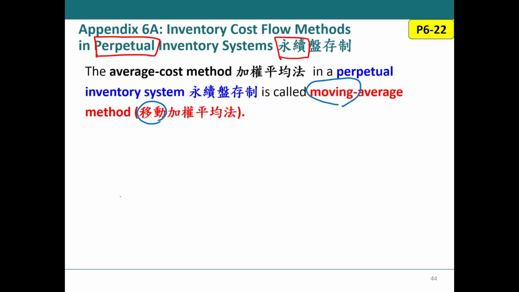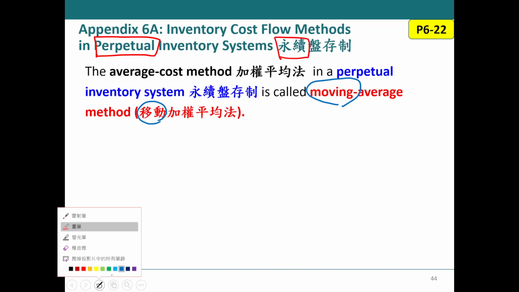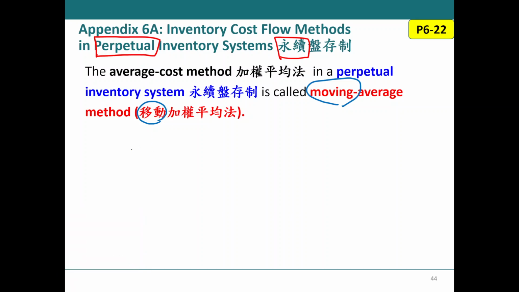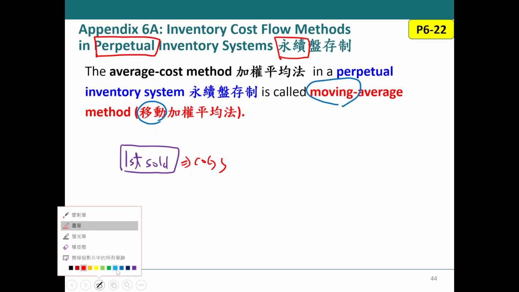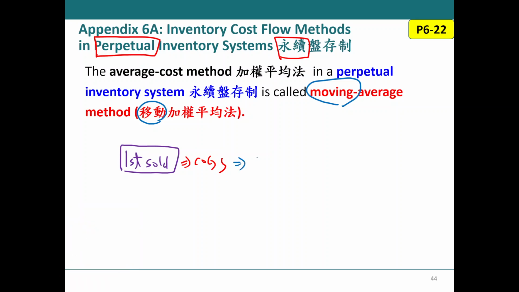So for perpetual, we have to compute our cost of goods sold every time we sell. For our first sale, at this moment, we have to get our cost of goods sold. In order to do that, we have to compute a new average unit cost. That's for your first one.